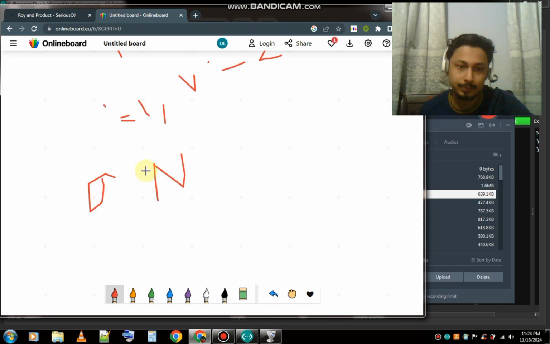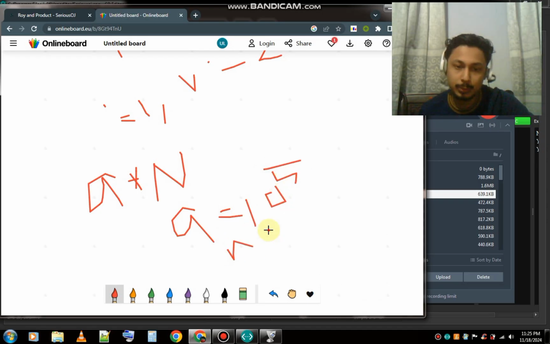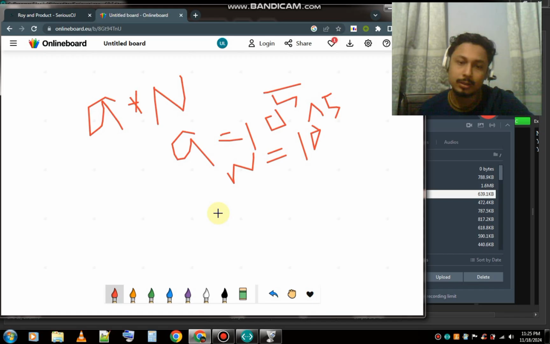So the total complexity is q into n. Q equal to 10 to the power 5 and n equal to 10 to the power 5, so the total complexity is 10 to the power 10, which gives us TLE. So we cannot solve it in this way.